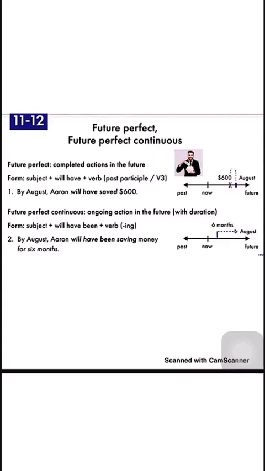In the future perfect he said that till August Aaron will have saved $600, that he will have saved $600 by then. But in the future perfect continuous, he is saying that by August Aaron will have been saving money for 6 months, that by August it will have been 6 months of saving money, and he is still doing that, he will do that in the further months also.